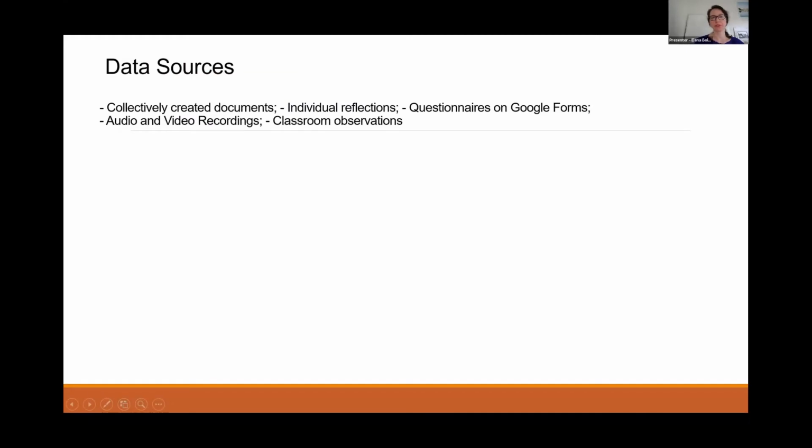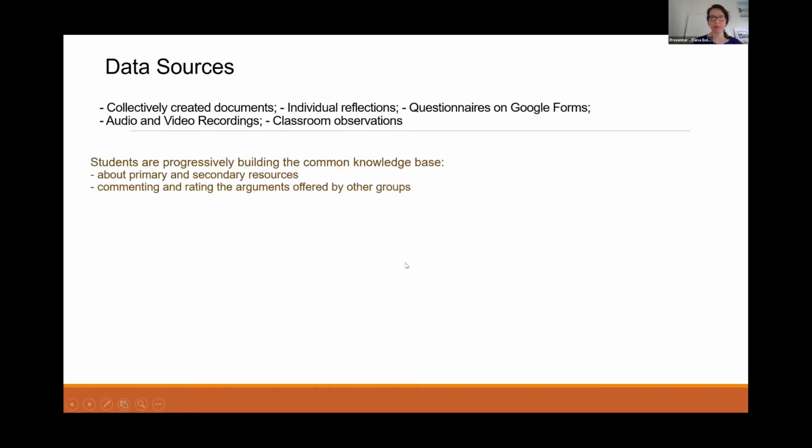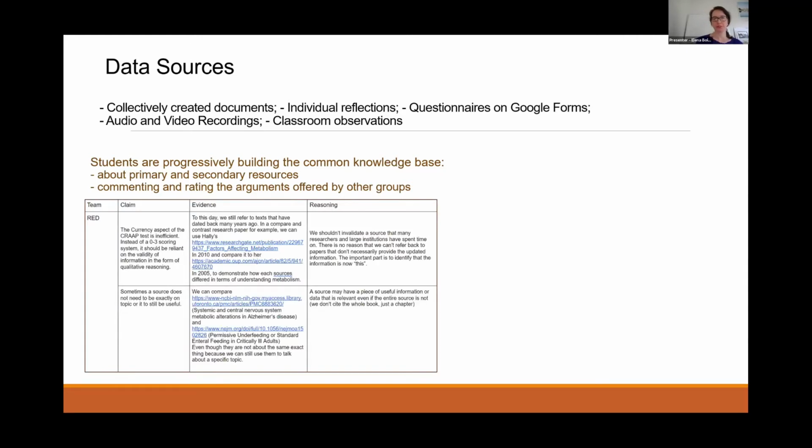So data sources included collectively created documents, individual reflections, questionnaires, audio and video recordings, and classroom observations by the teacher and by myself. And students were progressively building the common knowledge base, such as, for example, this example of scientific argumentation that we tried in the classroom, argumentation about primary and secondary resources.